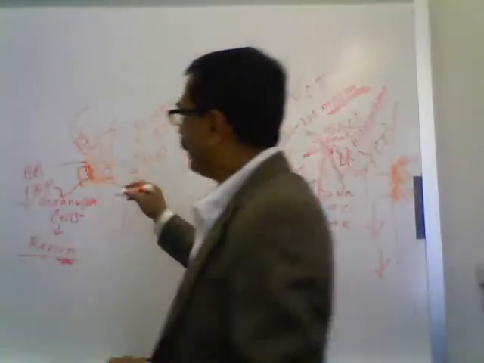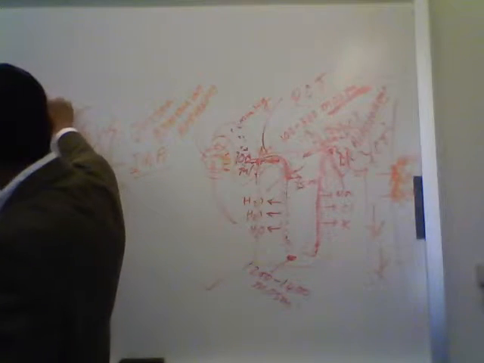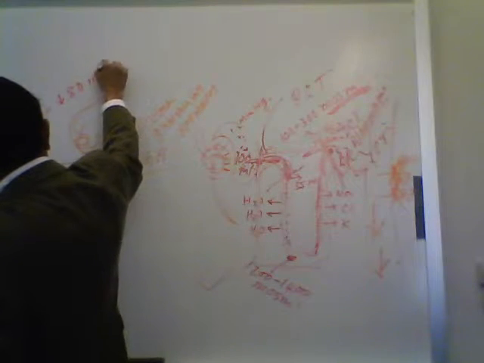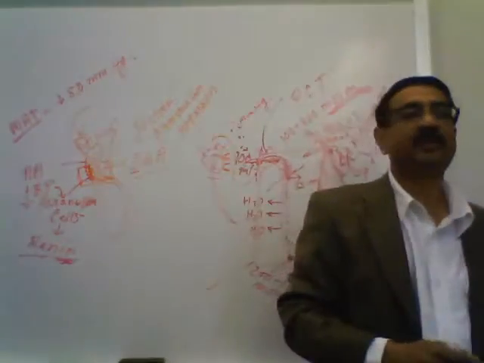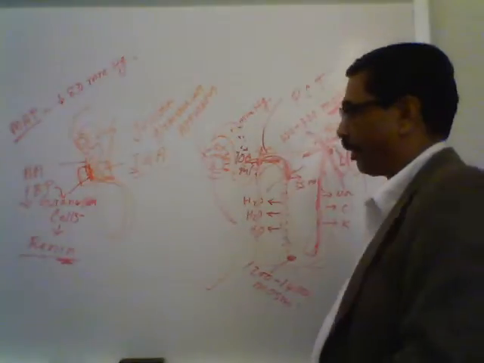Usually, if the mean arterial pressure, you know that diastolic plus 1/3 of pulse, right? Mean arterial pressure goes below 80 millimeter of mercury. That causes the release of renin from the granular cells of the juxtaglomerular apparatus.